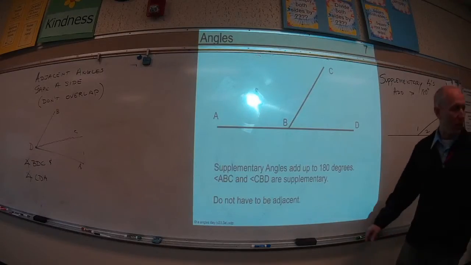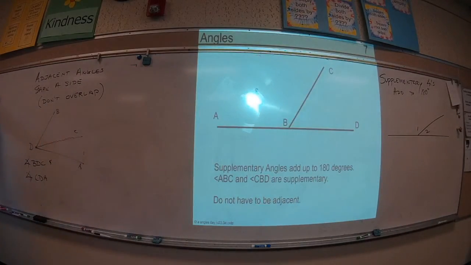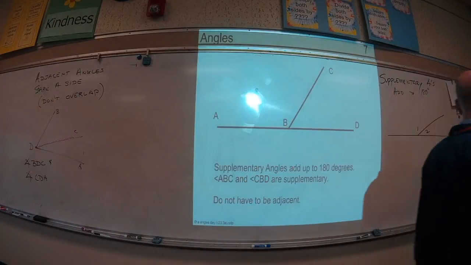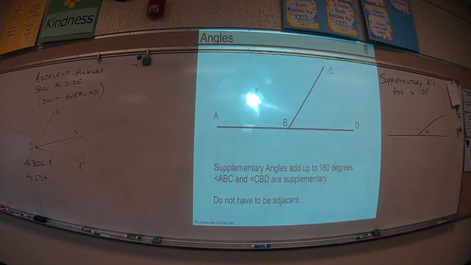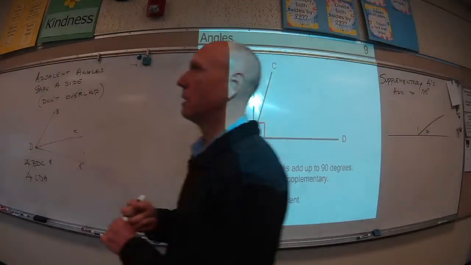Good. Go to your next box. This is box number 4. Complementary angles. Complementary angles add up to 90.